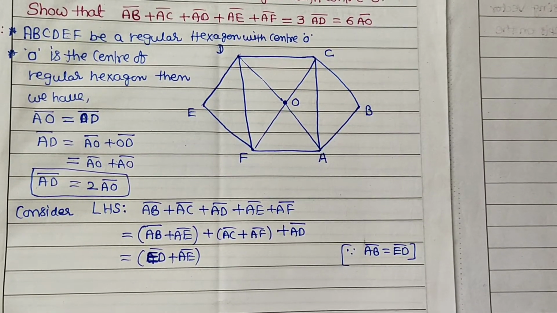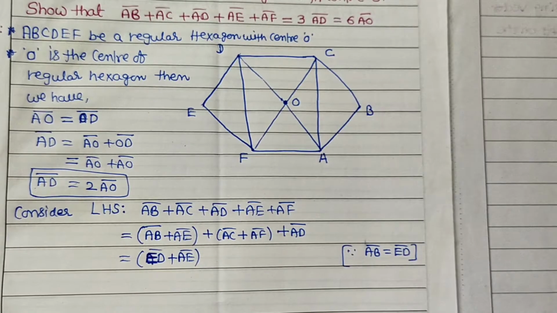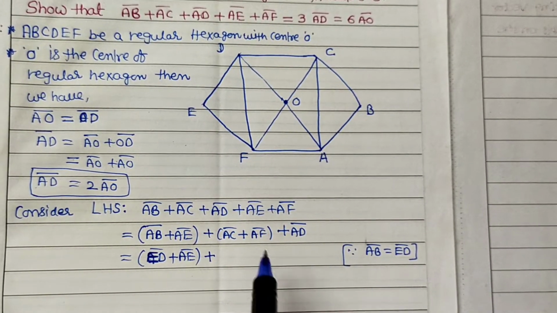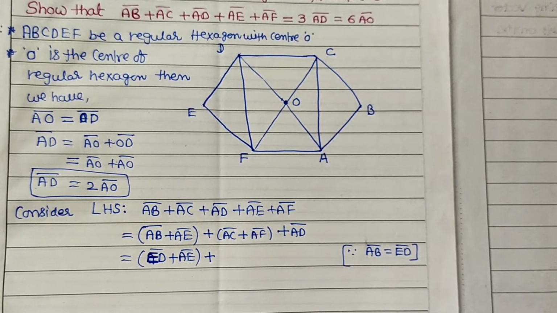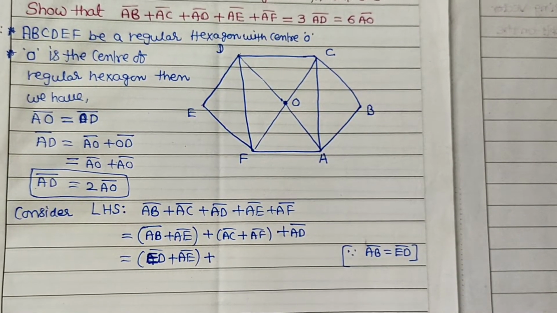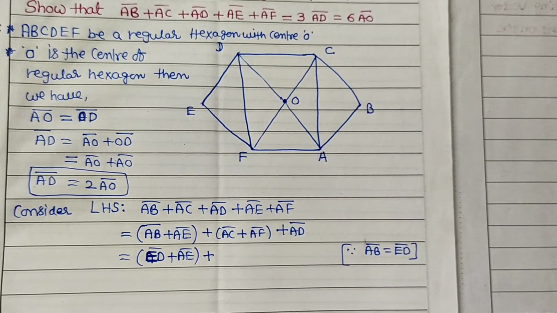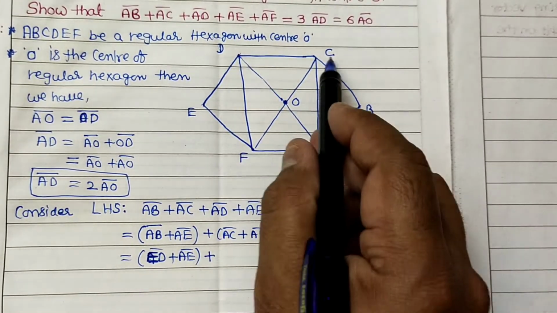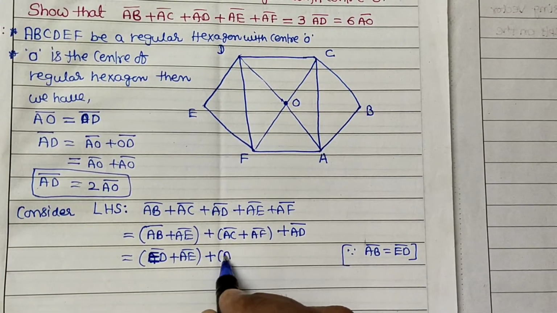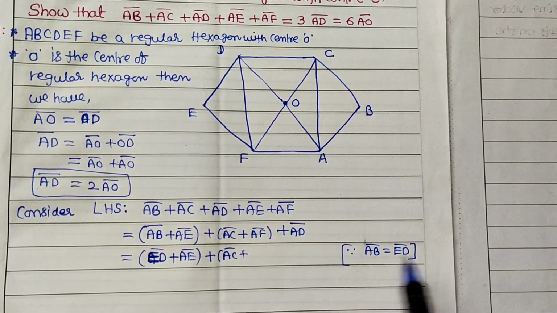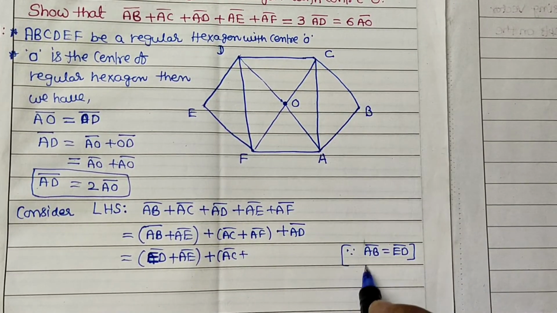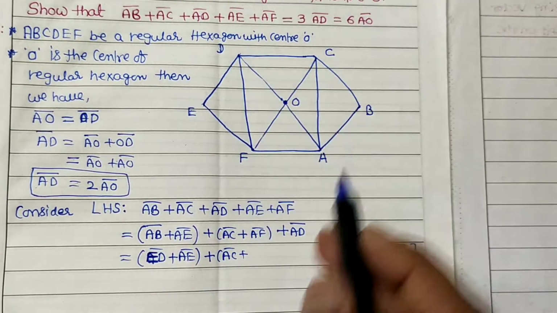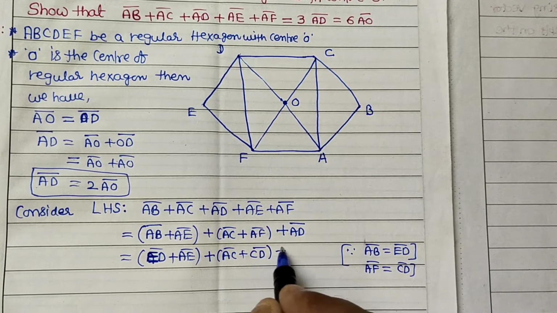According to the convenience we are taking AB is equal to ED. Next, plus in place of AF, what is AF? AF is equal to CD, we can write now. AC plus, from the figure, AF is equal to CD, plus AD.